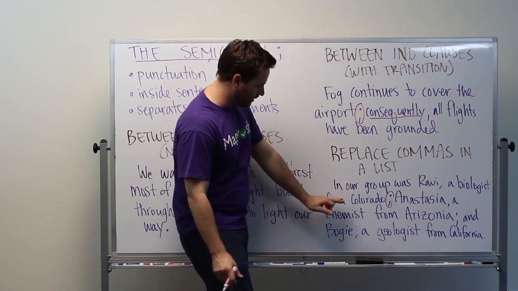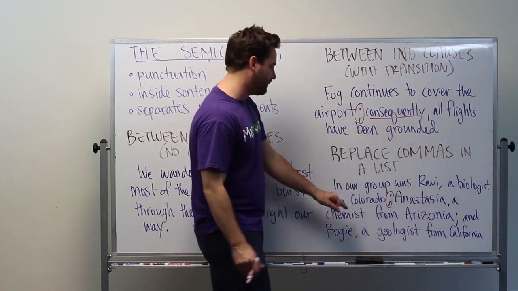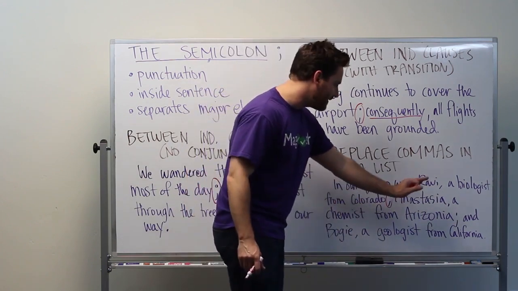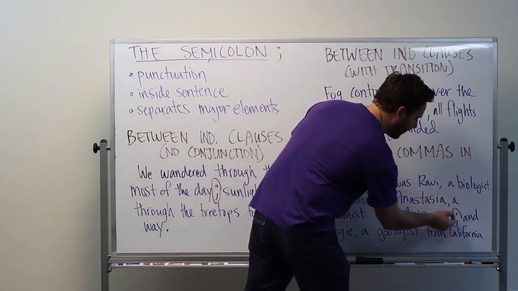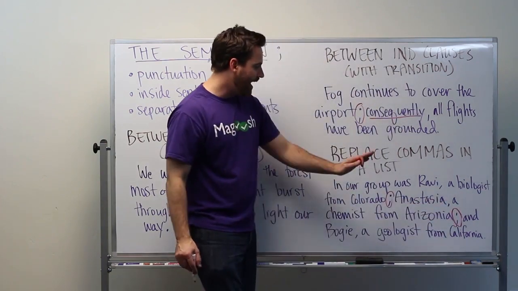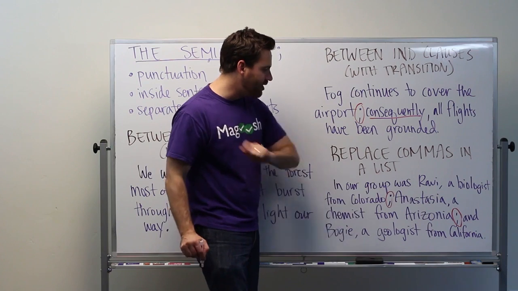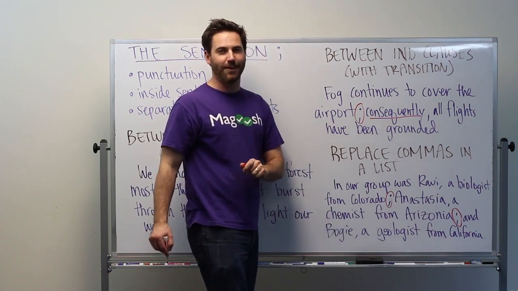So to continue: In our group was Ravi, a biologist from Colorado; Anastasia, a chemist from Arizona; and Bogey, a geologist from California. Sounds like a fun group.